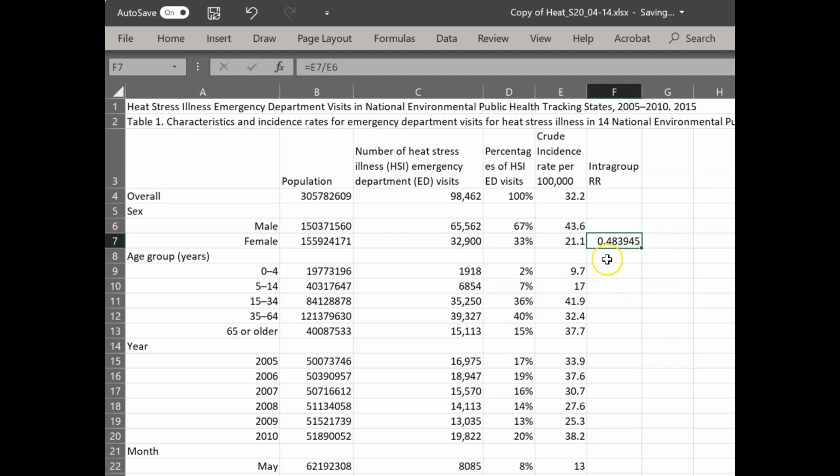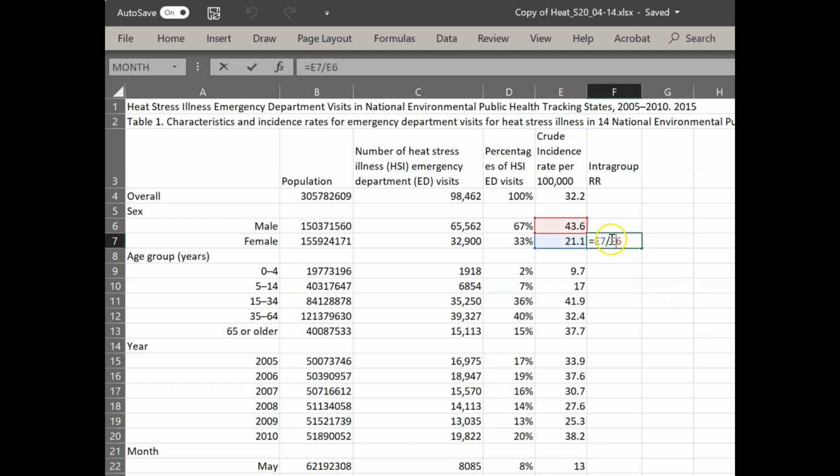And so here we have a number that's less than 1, right? This is new. Previously we were looking at numbers that were bigger than 1 for the most part. So when you have a number that's less than 1, that means that group's risk is less than the comparison group. In this case, it's 0.48, so it's about half. So females have about half the risk that males do. Now, when we're doing this, we have to keep the denominator stable.